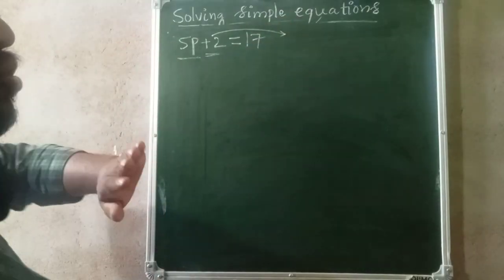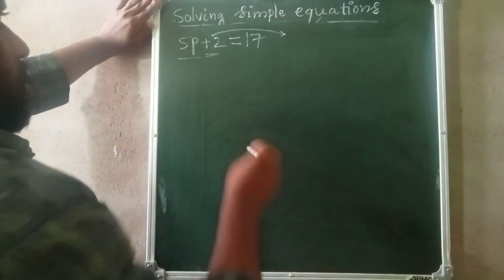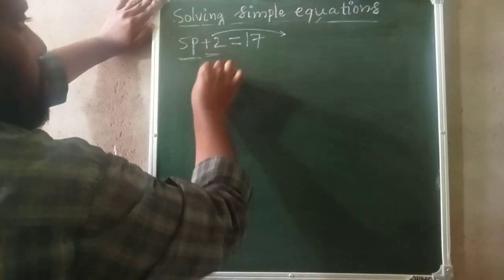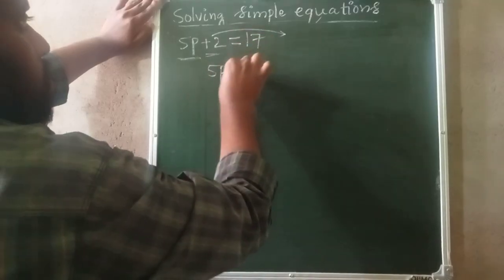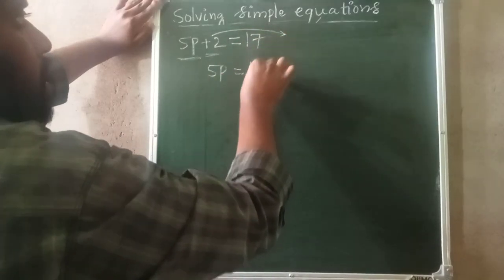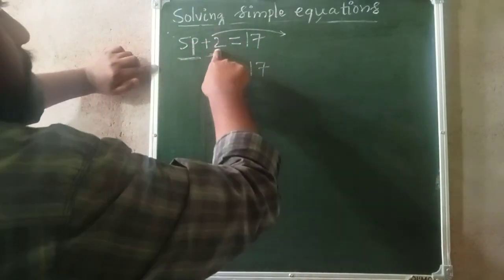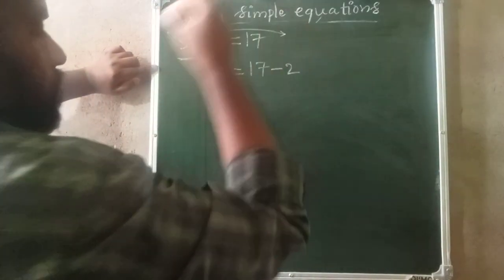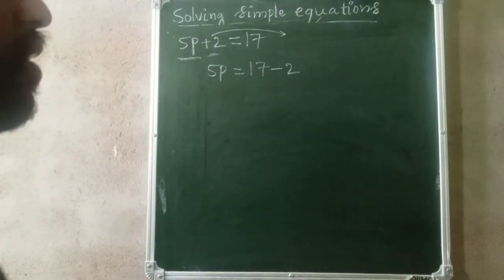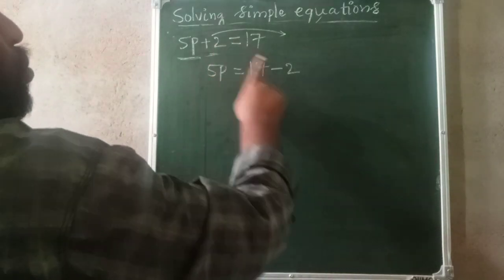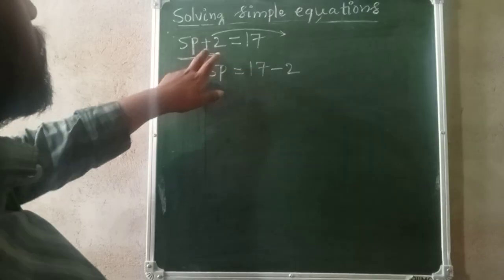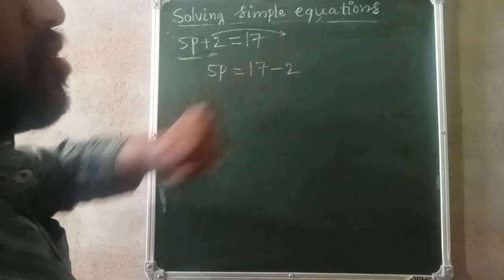Okay, so before moving to the next step, write this 5p as it is, equal to this 17, write as it is. When plus 2 is moved to this side, plus 2 becomes minus 2. So that means the same plus changes to minus.